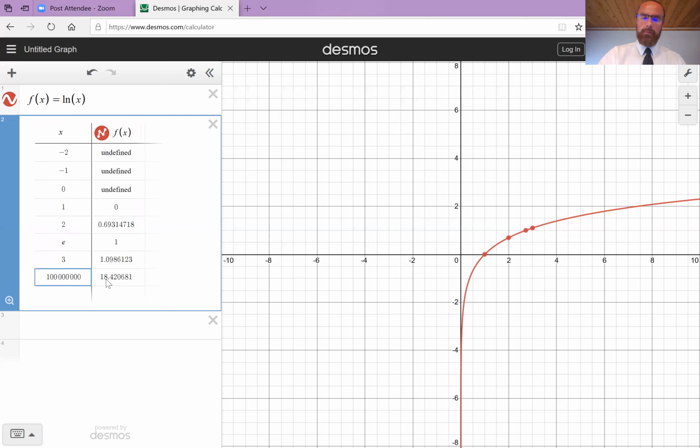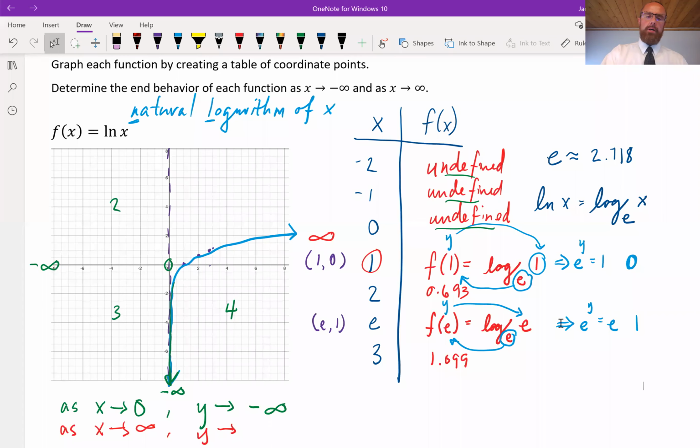If I go to another 0, it goes up, another 0, it goes up. There's no limit. So although the growth in the y is small relative to the growth in the x, we have to conclude that as x approaches positive infinity, y also approaches positive infinity. It keeps going up as it goes to the right.